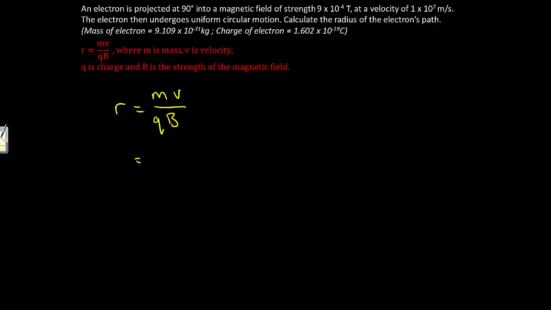Now, with the units, the units of the mass are in kilograms, so we can substitute that in, times the units of velocity are meters per second, divided by the units of charge are coulombs, C, times the units of the strength of the magnetic field are Teslas, T.